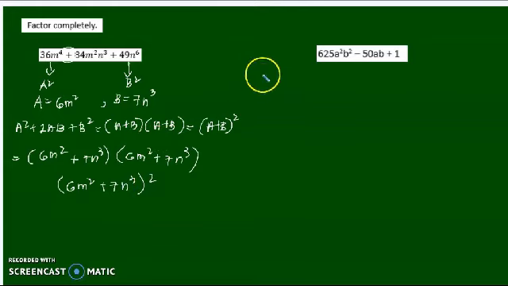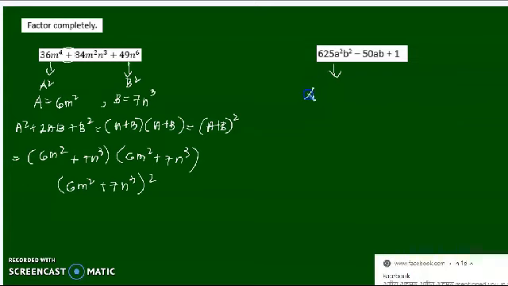Okay, let's have the other one, which is 625a squared b squared minus 50ab plus 1. So the first term, 625a squared b squared, is a perfect square, and the square root of 625 is 25. So therefore, the value of a is 25.